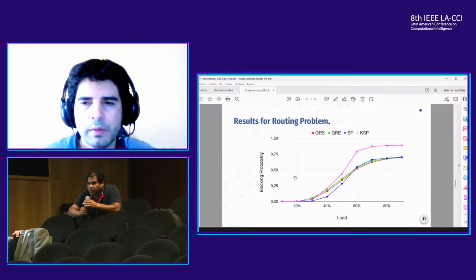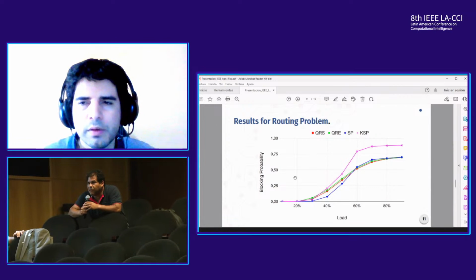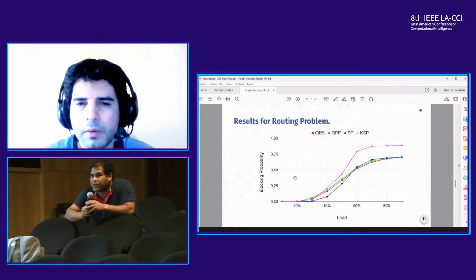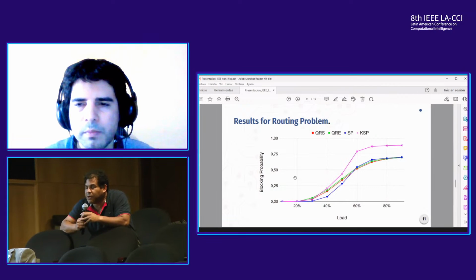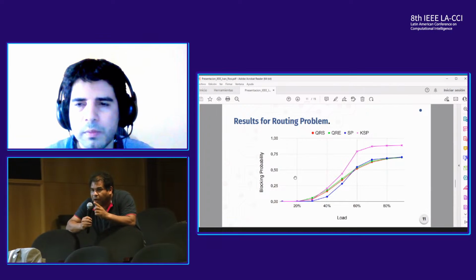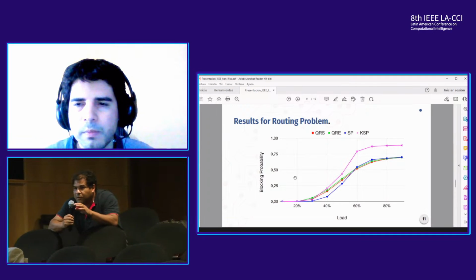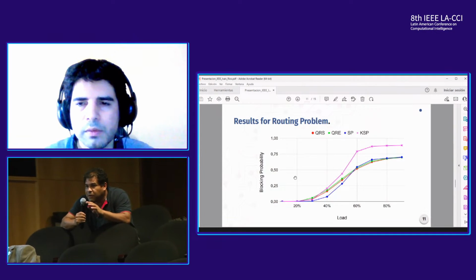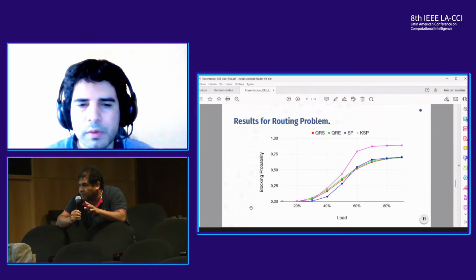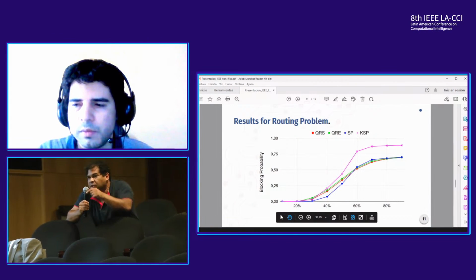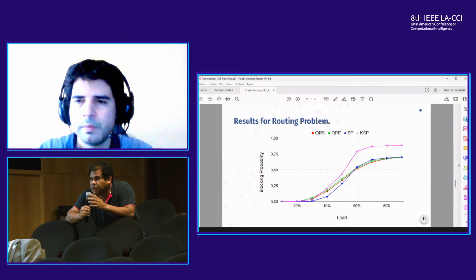The first question, why sometimes the heuristic algorithm is better than Q-learning: it is when we have a low load. When the network is at low load, it is better to use the classical heuristic algorithm. But when the system is at a high load, it is better to use the intelligent algorithms.